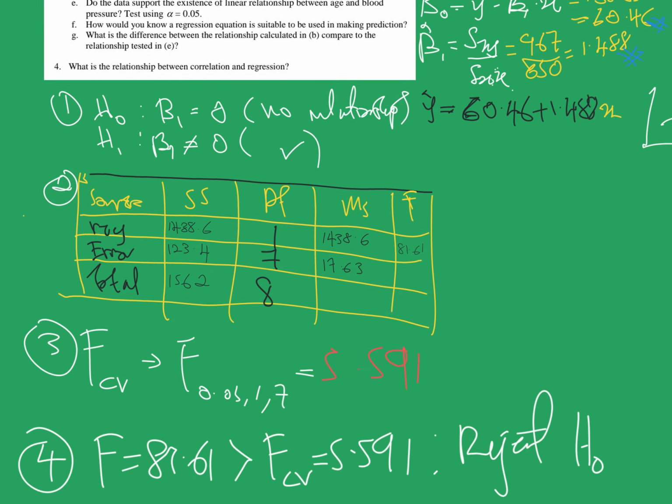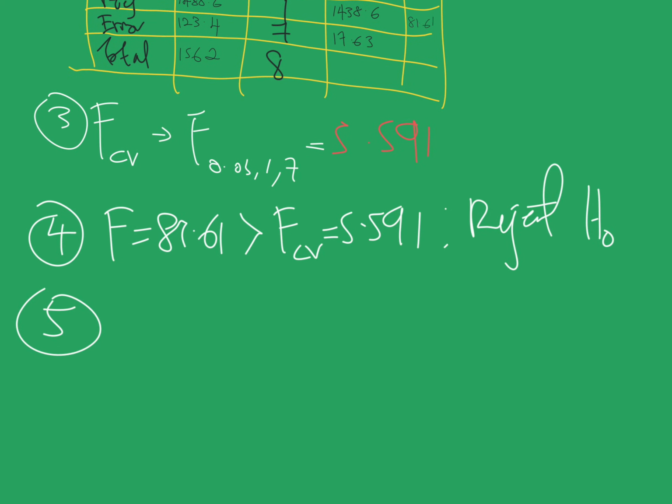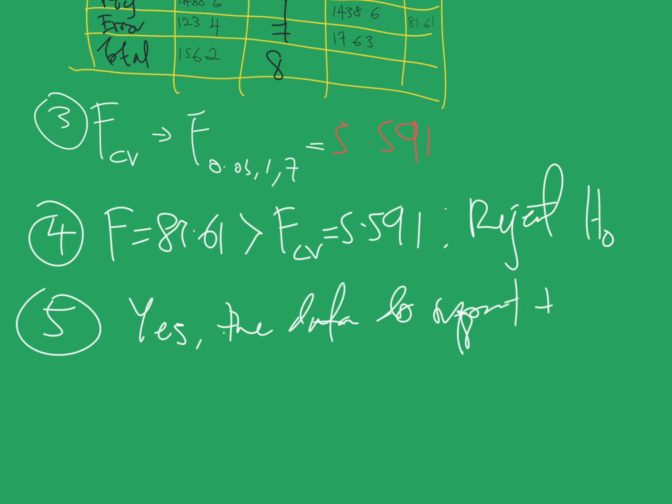You can either make your own statement, or you can just answer yes, the data do support the existence of a linear relationship.